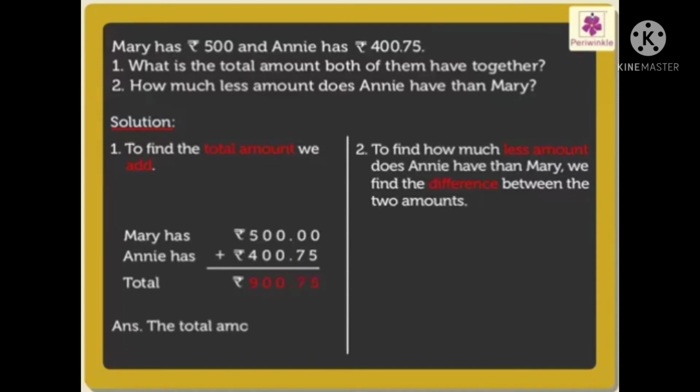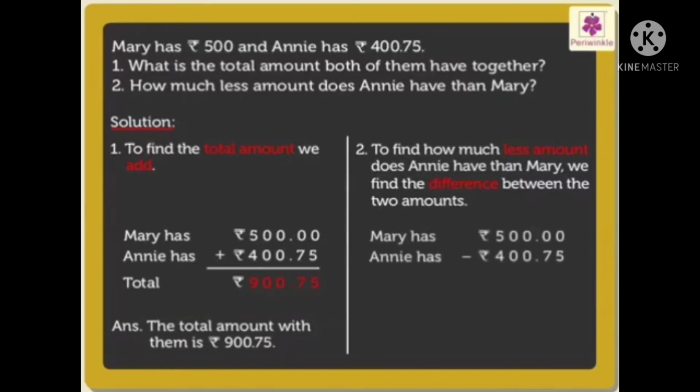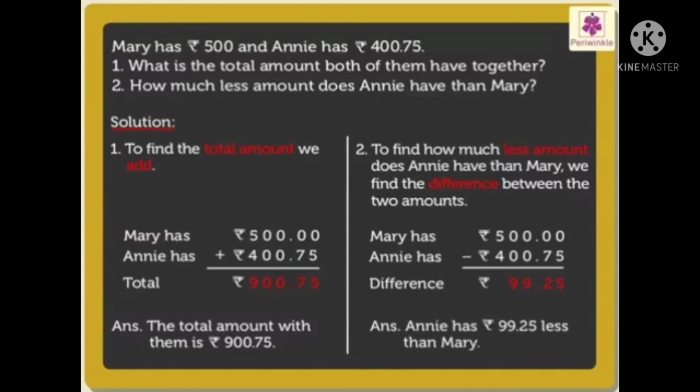Thus, the total amount with them is 900 rupees 75 paise. And by subtracting 400 rupees 75 paise from 500 rupees, we get the difference as 99 rupees 25 paise. Thus, Annie has 99 rupees 25 paise less than Mary.